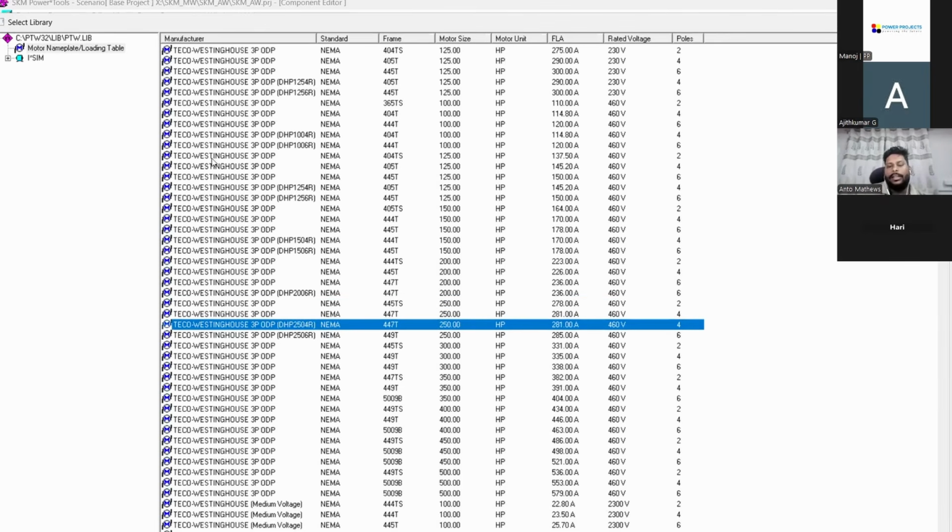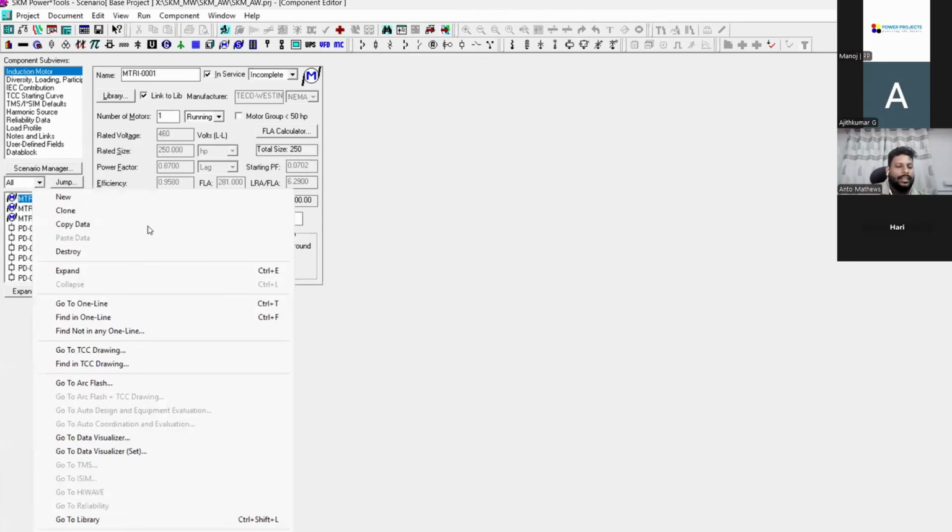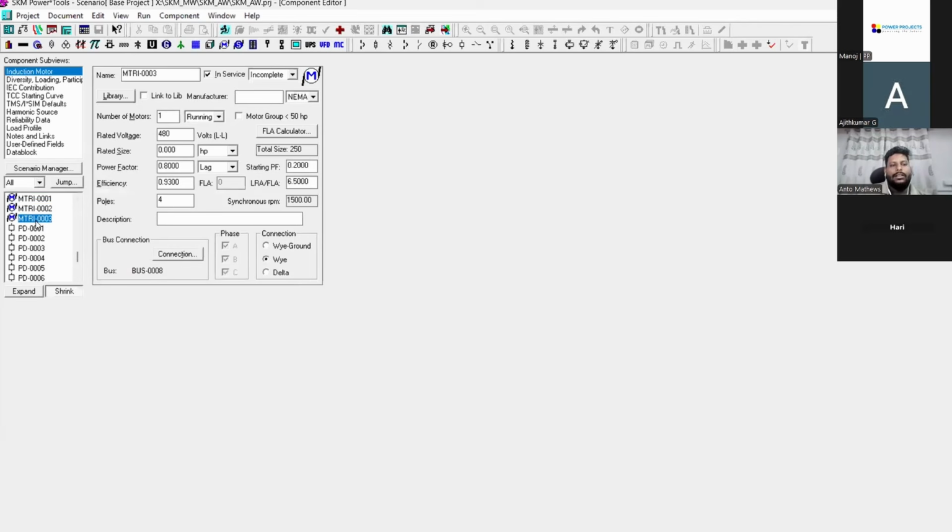Double click, and the data will appear. I'm going to use two motors of 250 HP. I will copy this data and paste it into the other motor, and the remaining one more motor.